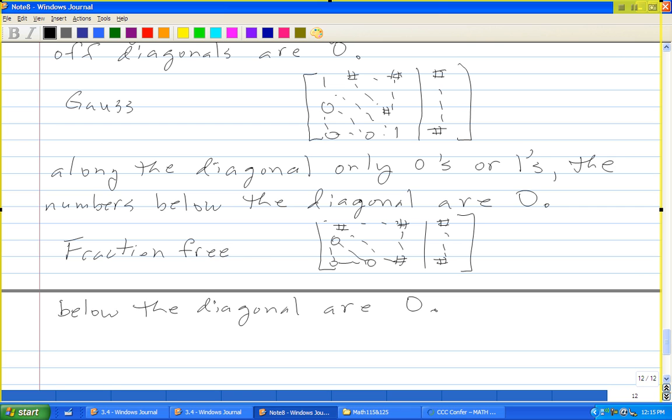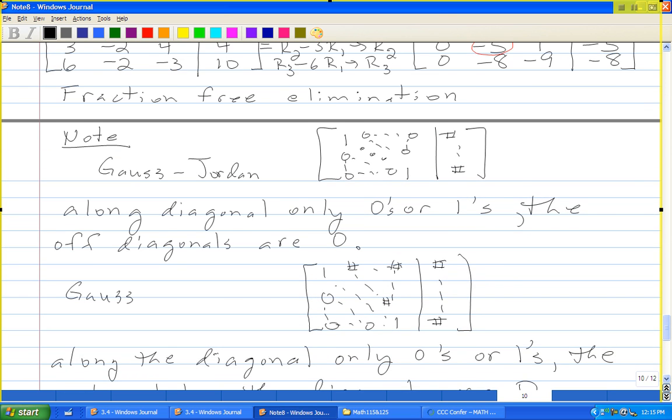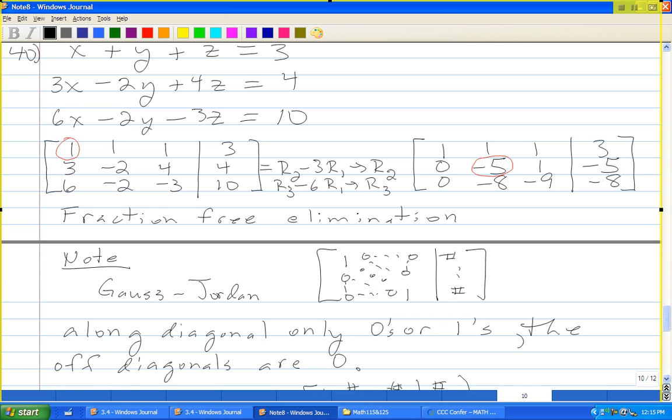You could have non-zeros, any sort of numbers along the diagonal or above the diagonal, on the right-hand side. Okay, so let me continue this with my fraction free.